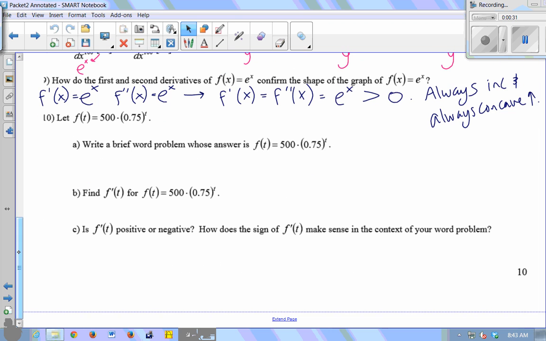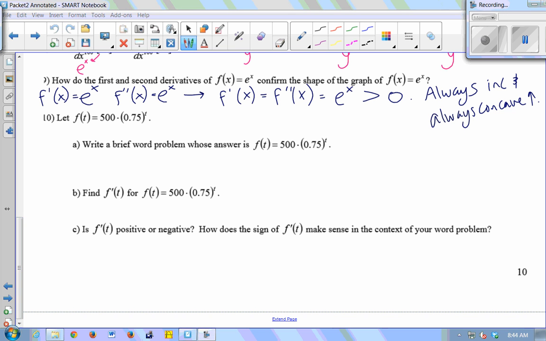All right, so let's jump to number 10, which is where we left off. Let's write a brief word problem whose answer is 500 times 0.75 to the t. Good.